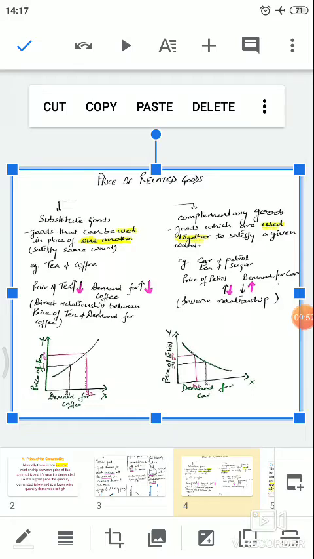So, like you have explained in case of income of the consumer, you are explaining all three types of goods. Similarly, if you are asked to explain how the price of related goods affects the demand, you will have to explain substitute goods and the complementary goods.